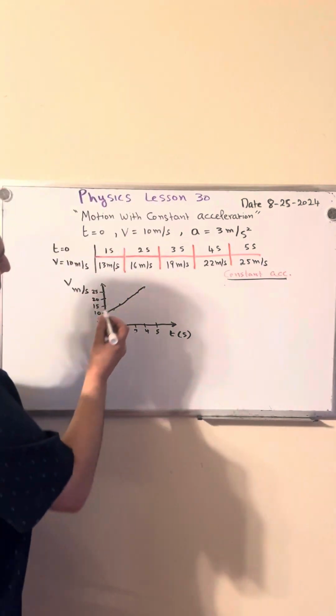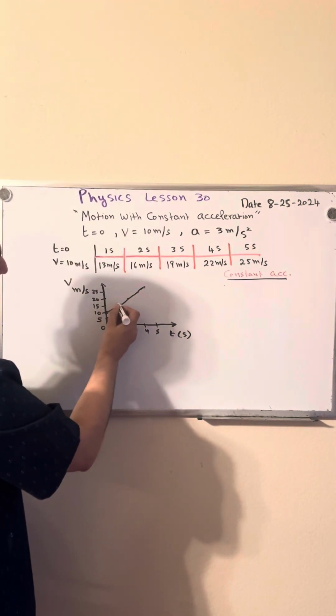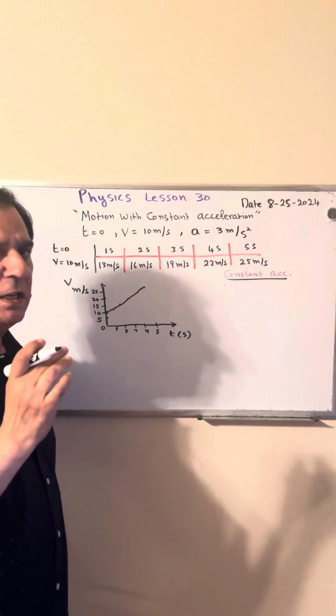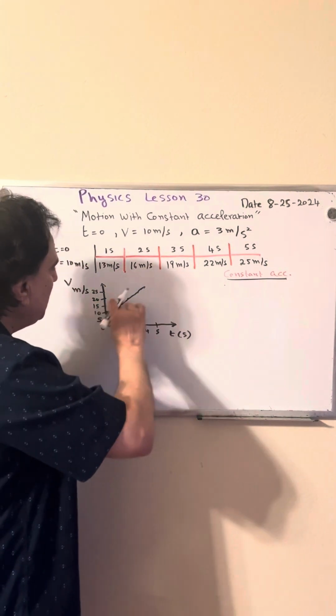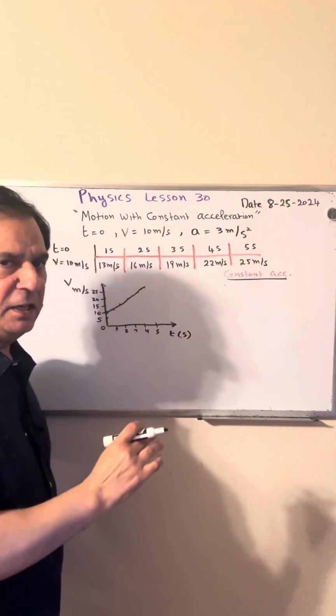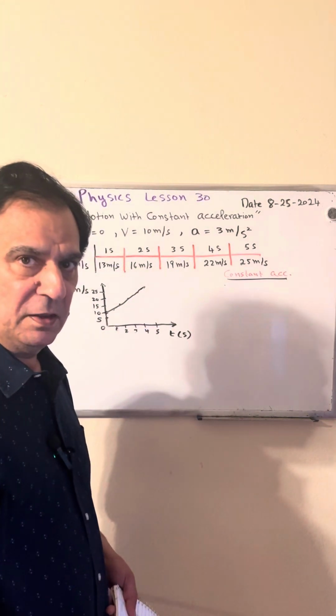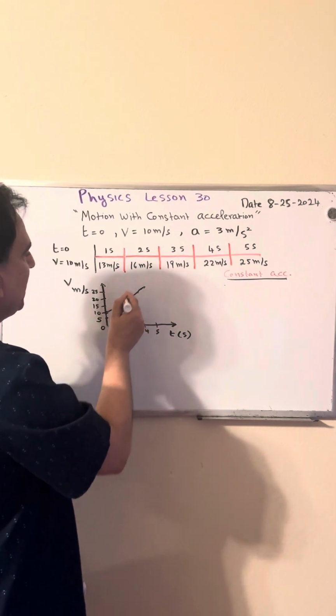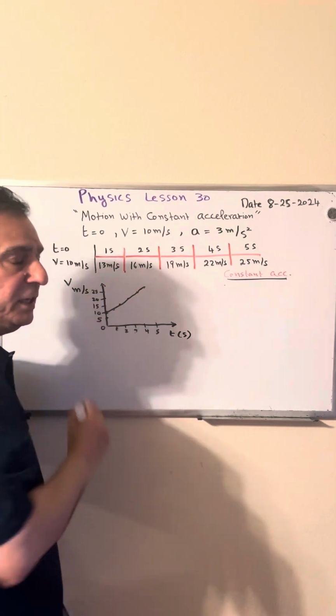If this is a straight line, I know it's a little bit curved, but if it's straight, the slope at any point on this line is going to be the same. Here, here, and here, it's the same.